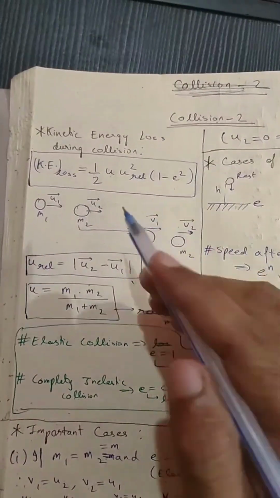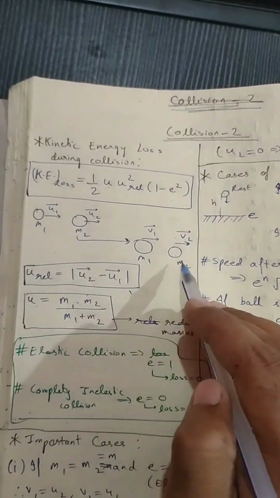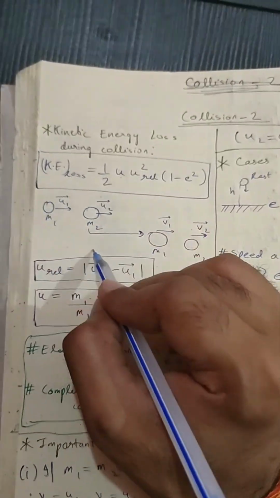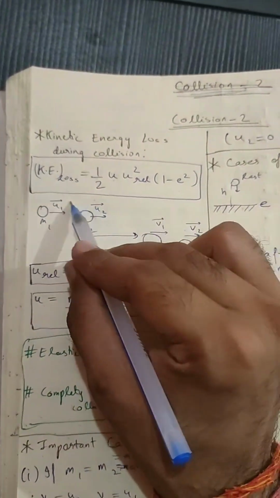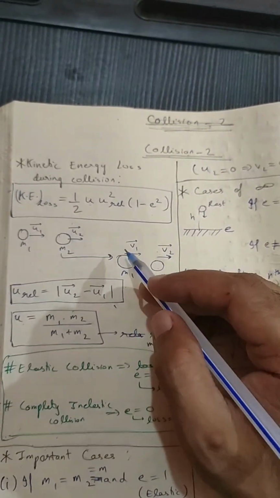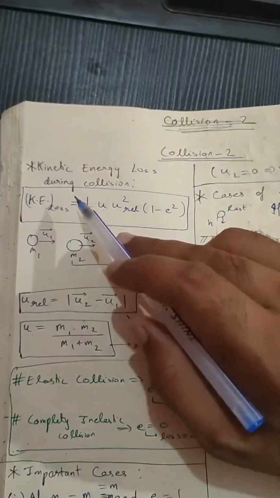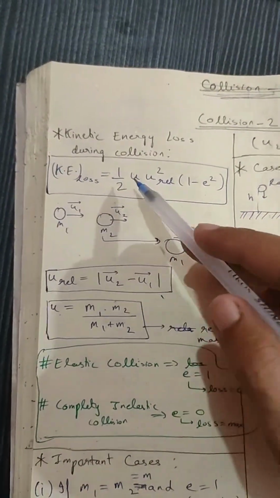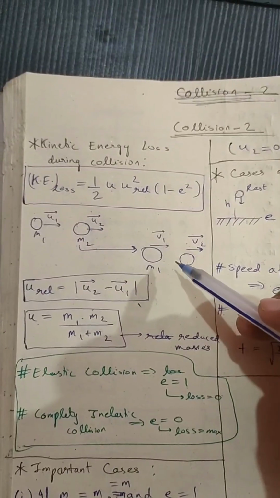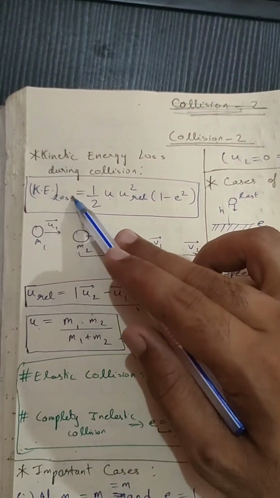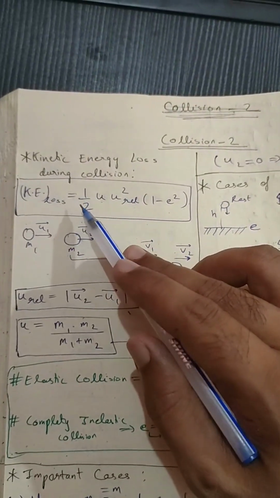That energy has been lost due to heat and light, and there will be deformation in the balls, so that is lost in the form of heat and something like that.